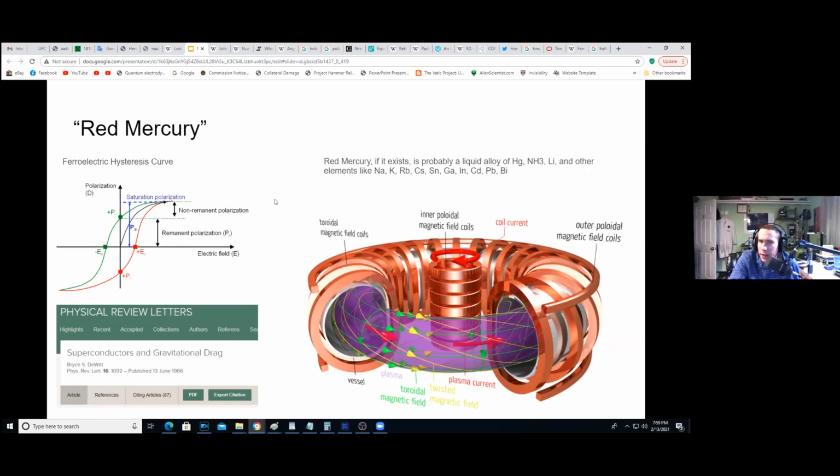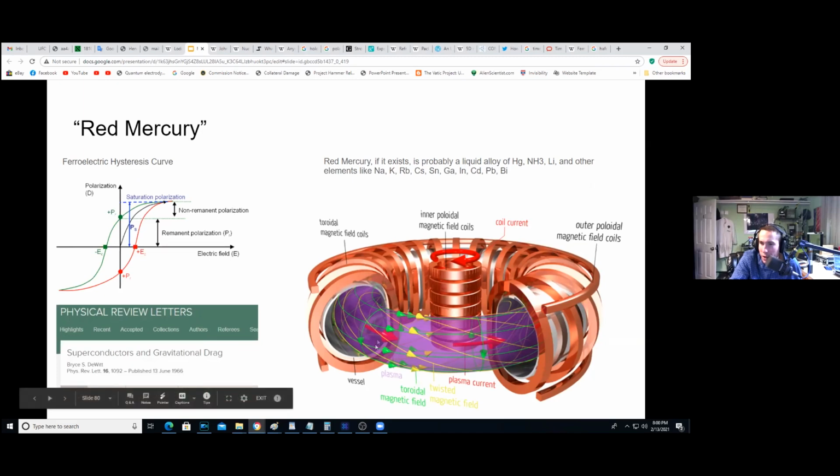Interesting. Yeah. So again, this ferroelectric hysteresis curve is where you can pump energy into the electric field and the polarization. There's a paper from 1966 on superconductors and gravitational drag by Bryce DeWitt, which is also interesting, showing that some of the theoretical work being done as early as 1966 into superconductors or rotating plasmas and gravitational drag, trying to understand gravitational drag in terms of these really large rotating weights.